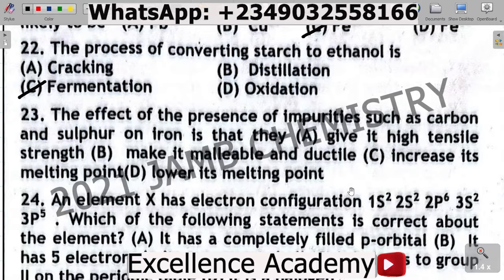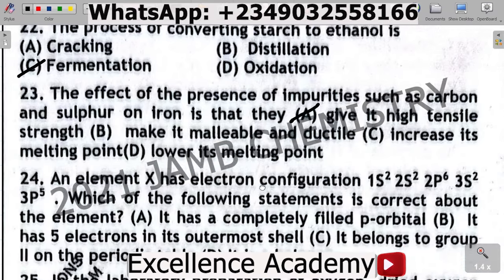Note that carbon in iron or steel increases hardness and tensile strength but lowers its ductility. Sulfur makes iron brittle. The net effect is that it will increase the tensile strength. So the correct answer is A, it gives it a high tensile strength.